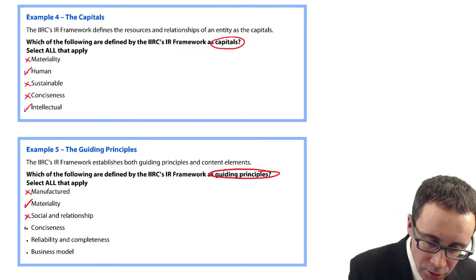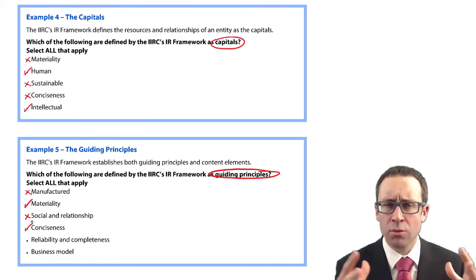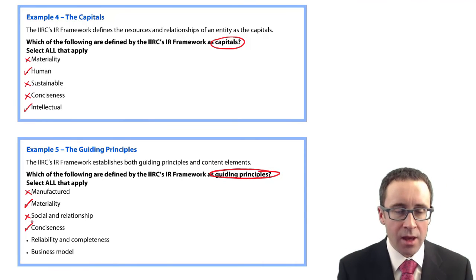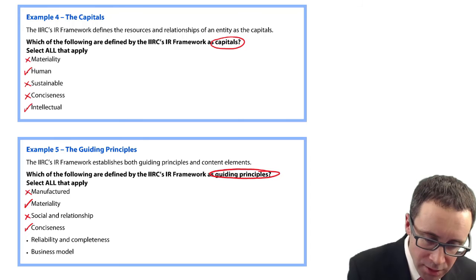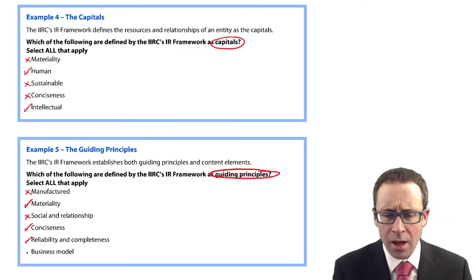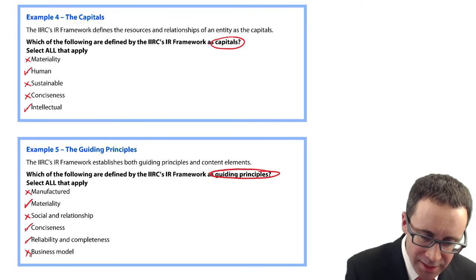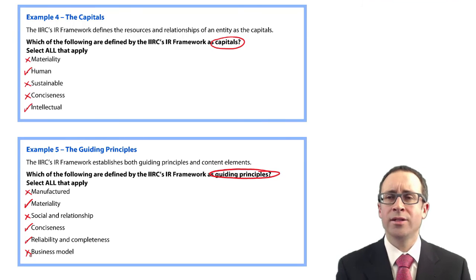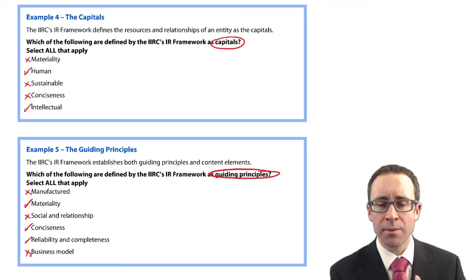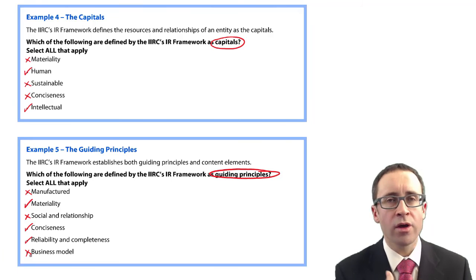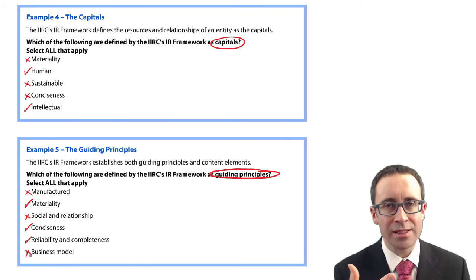We want to make sure that it is as concise as possible. We want it to be reliable. We want it to be complete. But the business model isn't a guiding principle, is it? It's not a principle that we need to follow in terms of its preparation. It's one of the content elements that should be there, isn't it?